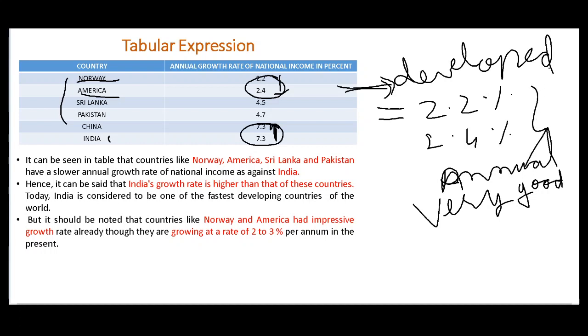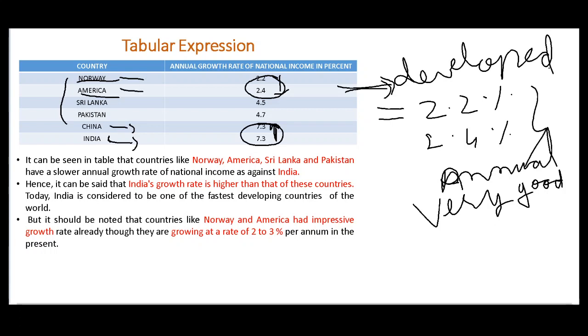The second thing I would like to say here, although it will come in the next limitation, is that since the table form is here, India's population is very high, and China's population is very high as compared to Norway and America.